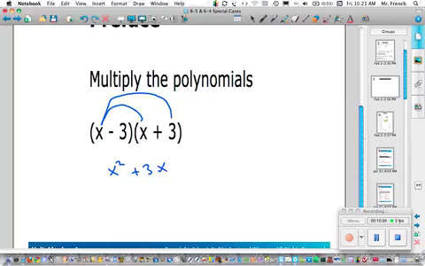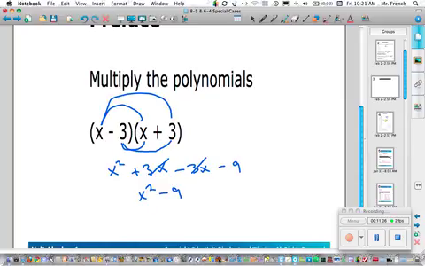Then you multiply the negative 3 times the x, and you get negative 3x. And then you multiply negative 3 times a positive 3, and that gives you a negative 9. Now notice what's going to happen. Your 3x minus your 3x is going to subtract out, leaving you with x squared minus 9.